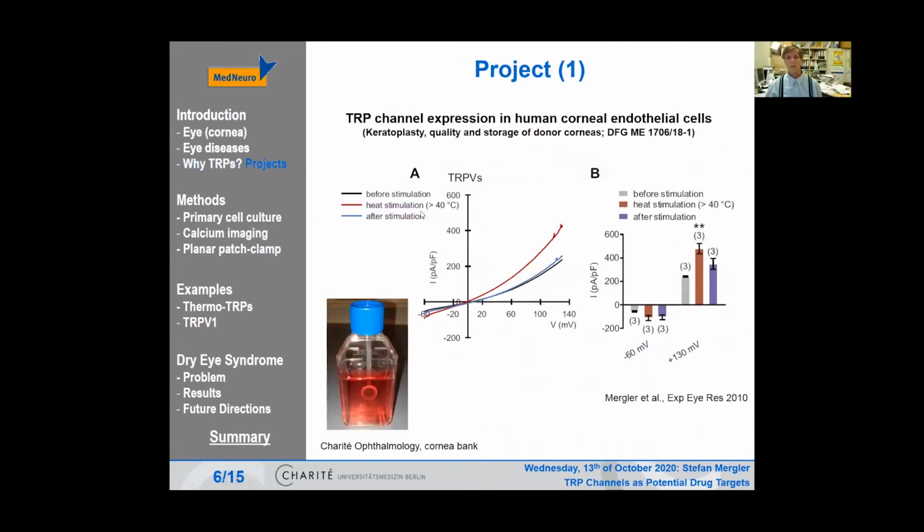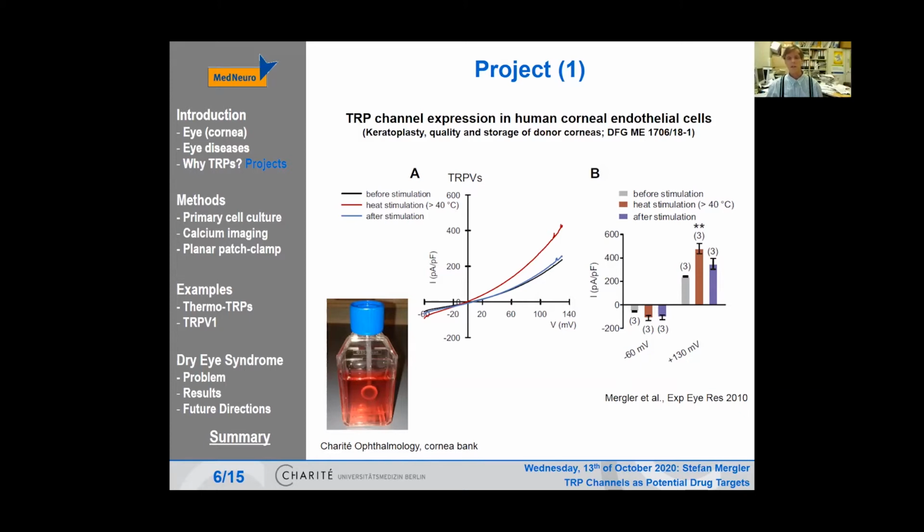Okay, coming to the projects. The first project focuses on the cornea endothelial cells. The clinical aspect is investigating how we can improve storage of donor corneas. Here's an example of a donor cornea for corneal transplantation. For your information, the cornea is the most transplanted tissue in ophthalmology and medicine.